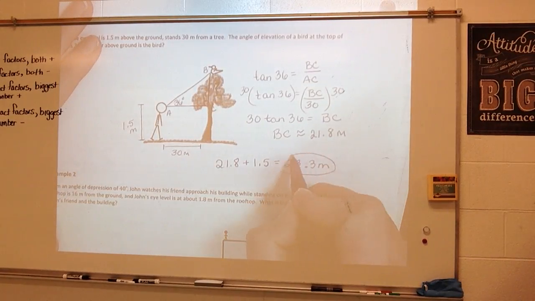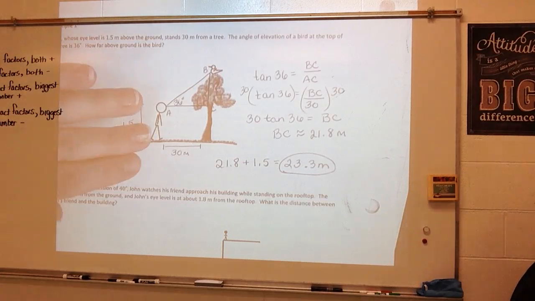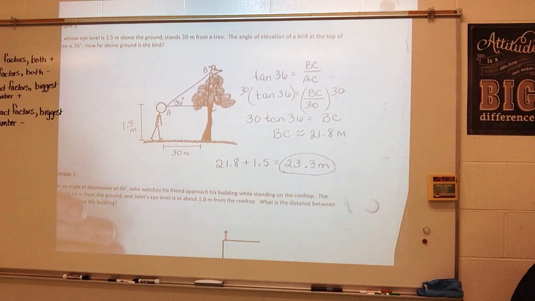So the bird is 23.3 meters from the ground. Using the provided measurements and the angle of elevation, we were able to use the tangent to find the height of the bird.